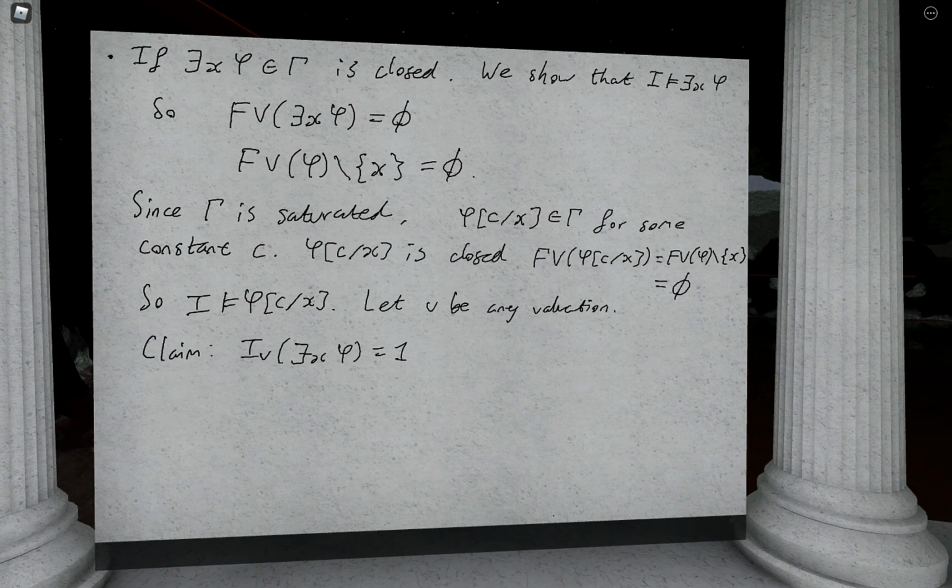At this point, we look at the semantics, which says, when does an interpretation with valuation make an existential statement true? Well, you need there to be some object such that when you apply the altered version of V, where it sends x to that particular object of choice, that makes phi true.